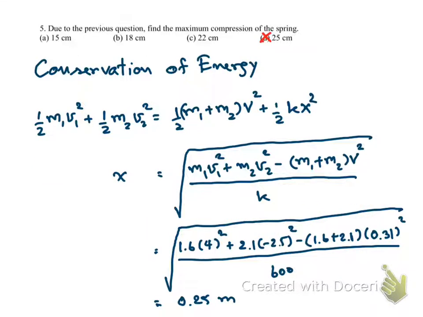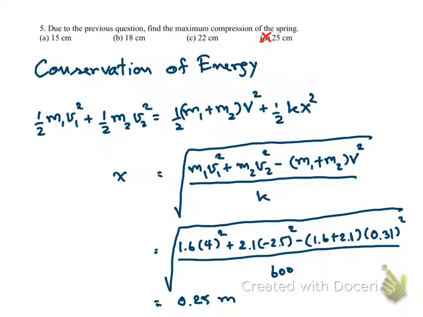So the initial energy of the system is the kinetic energy of M1 and M2. And when the spring has a maximum compression, the total energy of the system is the kinetic energy of the system plus the elastic potential of the system that comes from the compression of the spring.